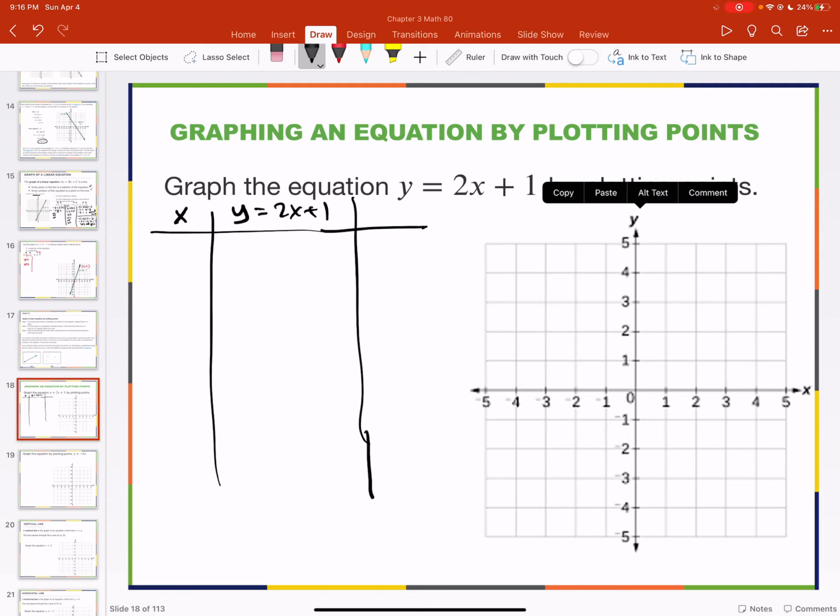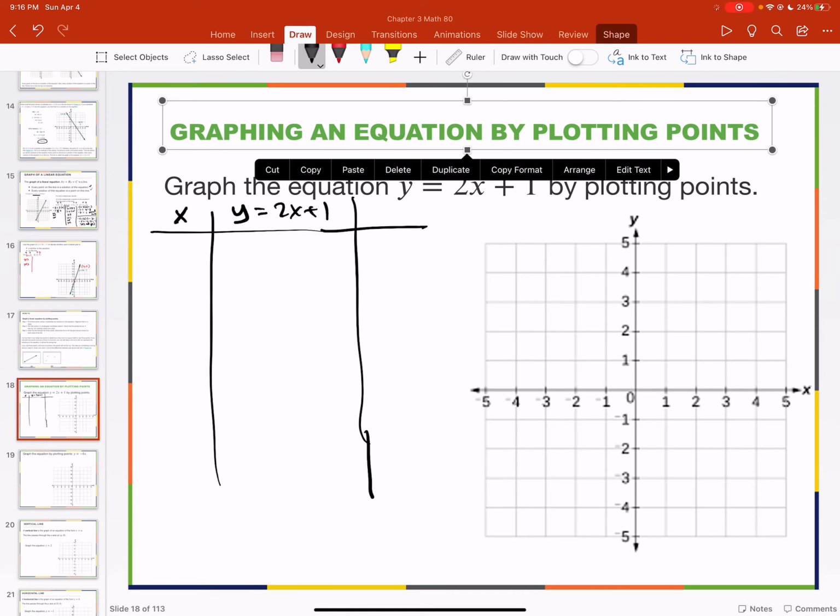Now, what people usually do, if it's in the form y equals a number times x plus a number, is you pick a few values for x, plug them into the equation, find the y that goes along with that x, and then plot that point. Easy. It's probably good to pick a negative value, 0 if possible, and then a positive value for x.